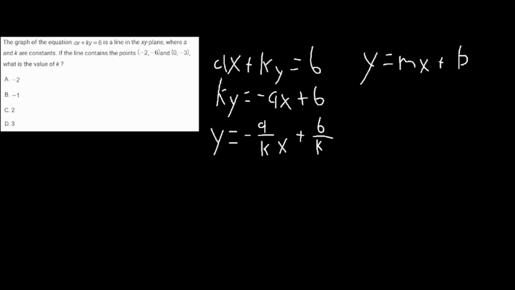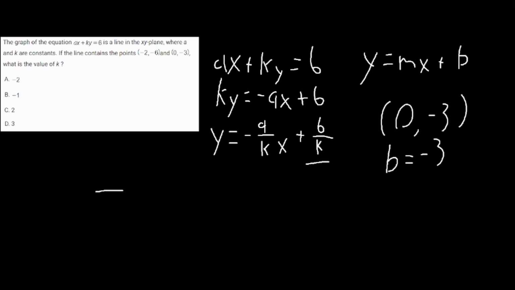Now, if we look back at our points, you might notice that we're actually given the y-intercept. So we're told that one of the points is 0, negative 3, so that means that b is equal to negative 3. And we also know that 6 over k is also the value of the y-intercept. So we can set these two values equal to one another.